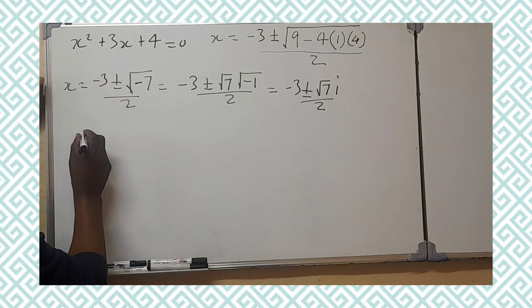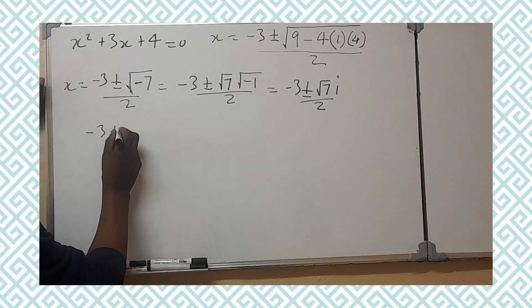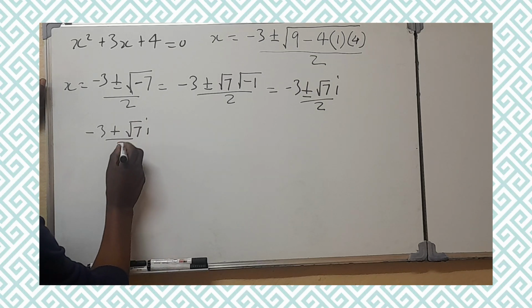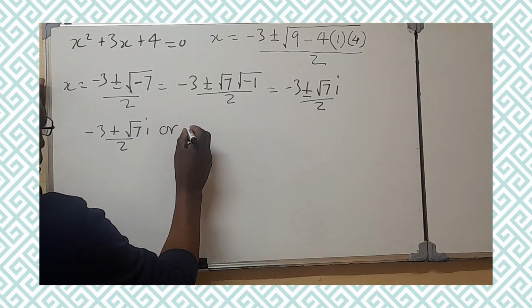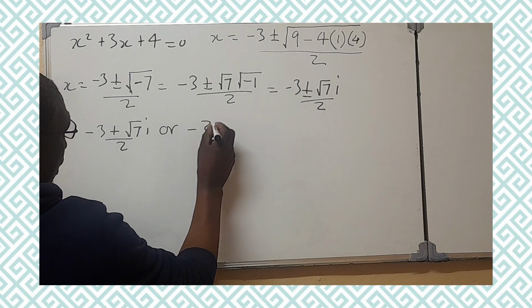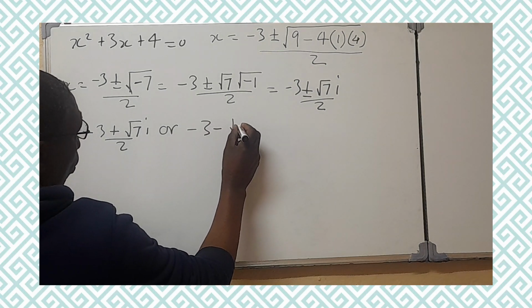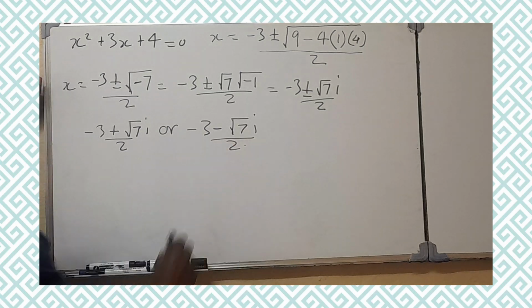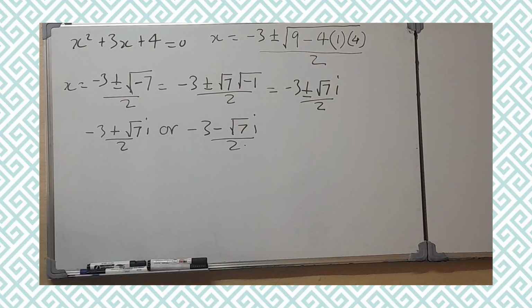The first one is minus 3 plus the root of 7 i divided by 2, or minus 3 minus the root of 7 i divided by 2. So these are the two solutions of the equation x squared plus 3x plus 4 is equal to 0.